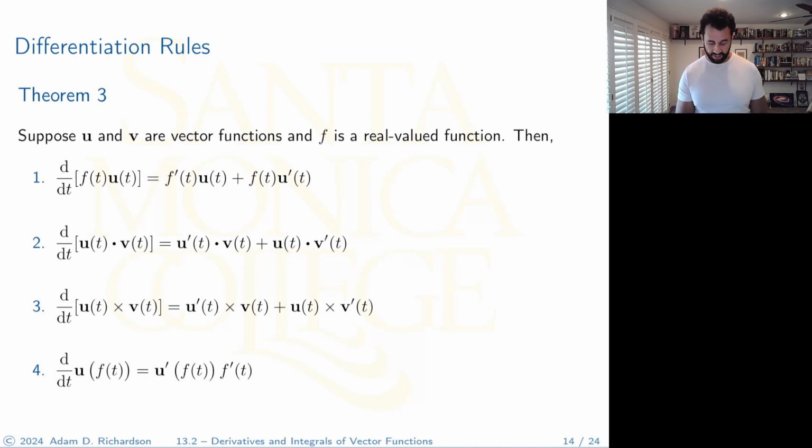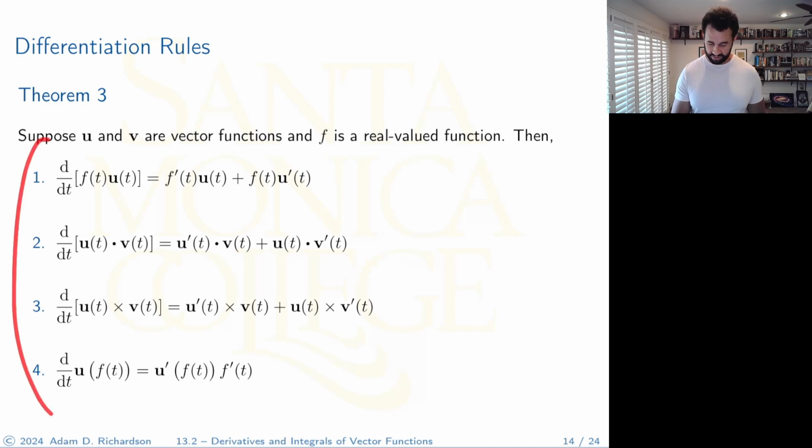But if we compose the vector function with a scalar function f, then the chain rule applies exactly the way that it did back in Calc 1. What is the derivative of u of f of t? It's u prime of f times f prime. So derivative of the outer function with the inner function left alone times the derivative of the inner function. And that's how it works.